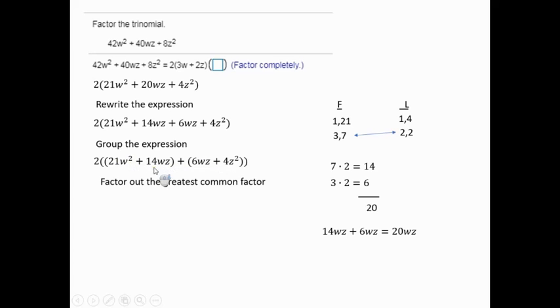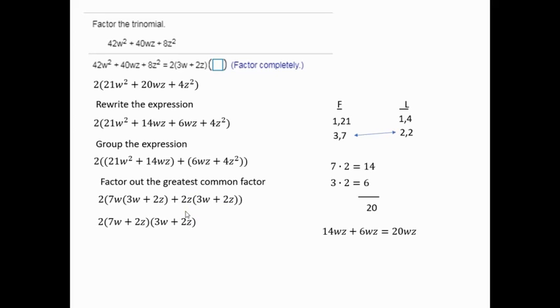So then I would take out the greatest common factor out of each group. So I take out a 7w in the first group. And then I take out a 2z in the second group. Notice I've created this common term of 3w plus 2z. So now I would take out that 3w plus 2z. And there I've just factored that.